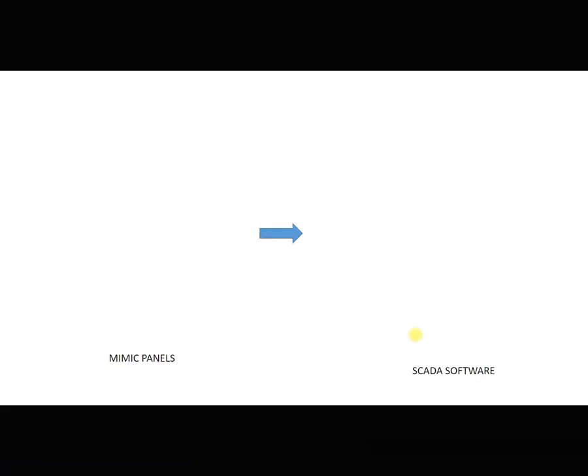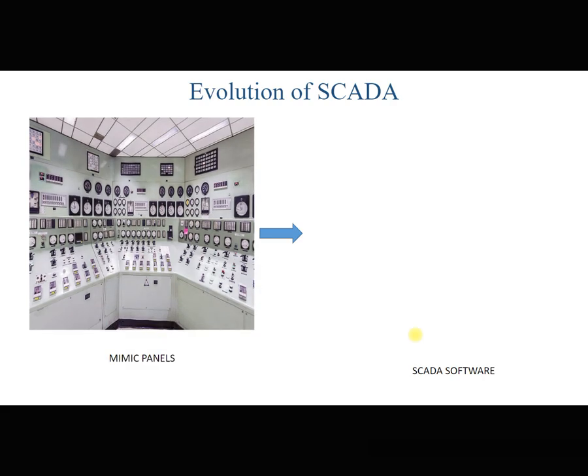Fine. Now we are at the advanced level of SCADA. Before that, how did we monitor and control things? That is the evolution of SCADA. Here you can see the olden days SCADA, which we named mimic panels.